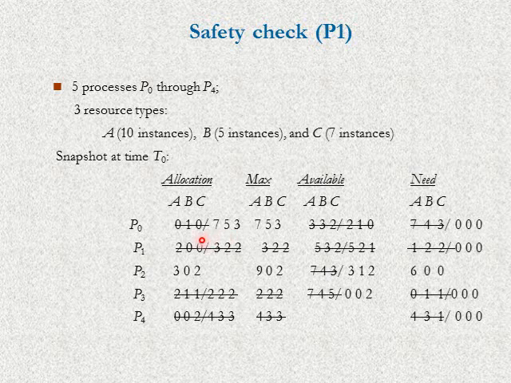So once P0 completes its execution, it can return all the allocated resources back to the system. Now P0 has completed its execution and has returned all the allocated resources back to the system.